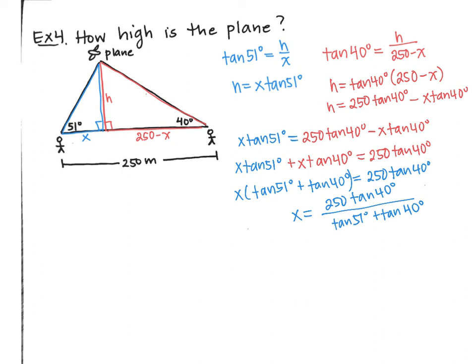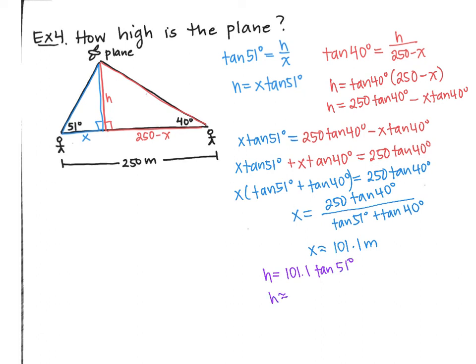Now if they want me to find a decimal approximation, I could put this in my calculator. If I put it in my calculator, I think I get about 101.1 meters. But are they asking me for x? No, they're asking me for h. So if I want to figure out what h is, I can plug it back into one of these expressions. H equals x times the tangent of 51 degrees.